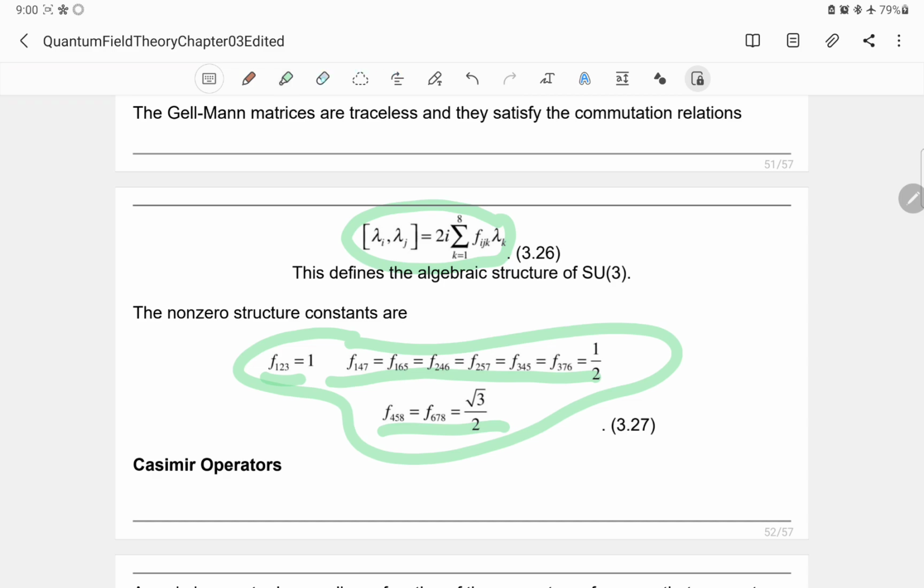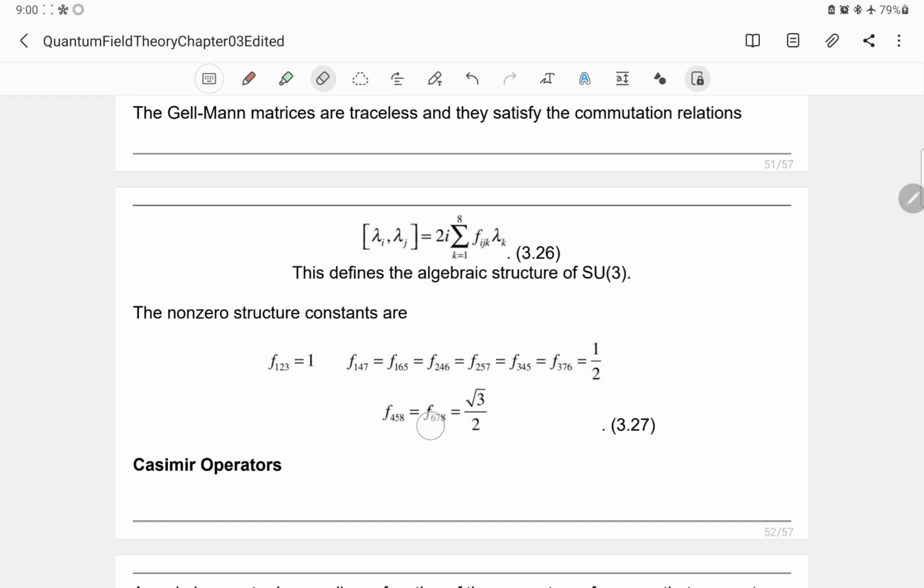Also, F 1, 2, 3 is equal to 1, this is also equal to F 2, 3, 1, which is equal to F 3, 1, 2.